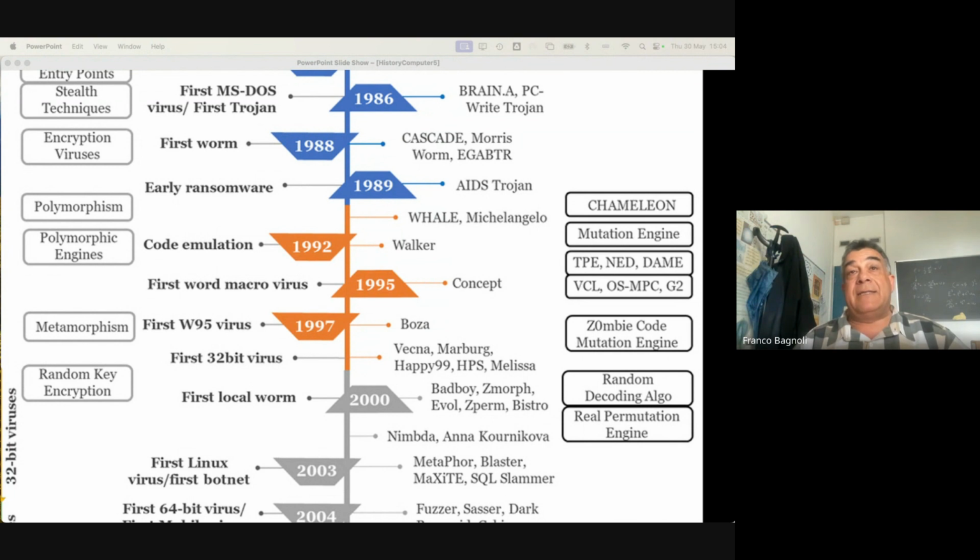The idea is to have ways of shuffling, for instance, the instructions in memory, or replacing instructions with others which are equivalent, in order to mutate and escape from identification.